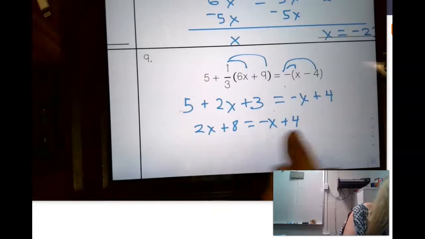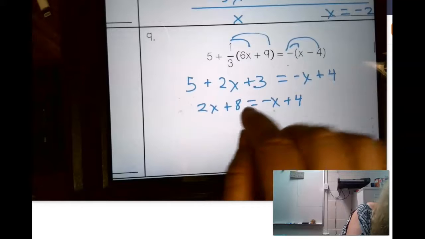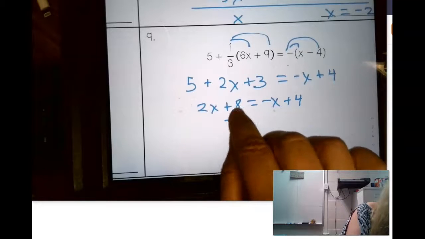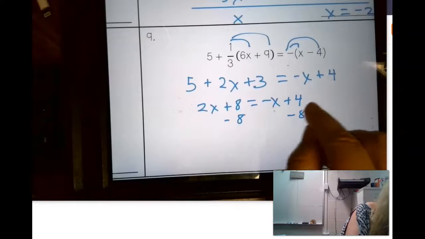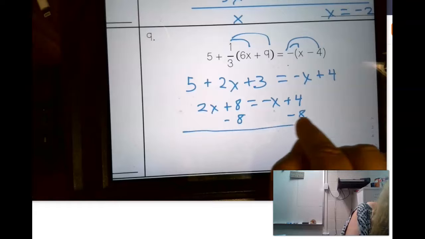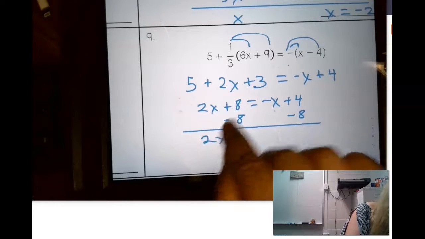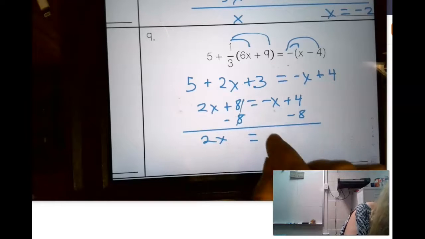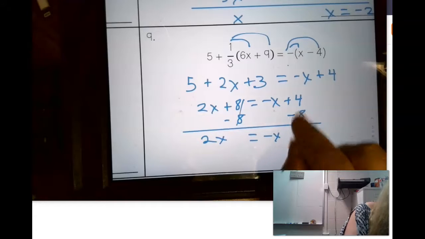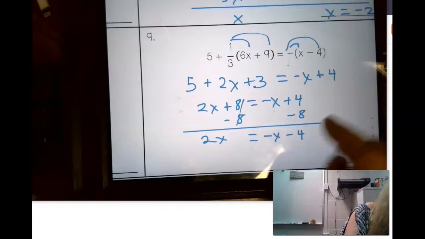Now I don't have any like terms, nothing to distribute left, so I can start collecting terms where I need them. I'm going to move the 8 over by subtracting it to the right side, and that will give me 2x equals negative x, and that will give me minus 4.